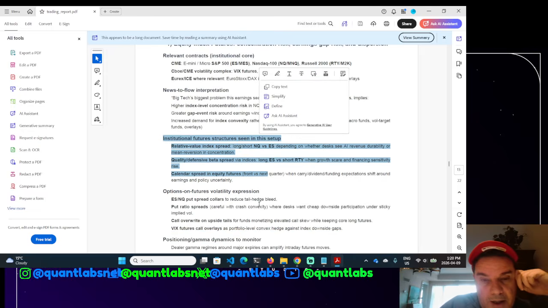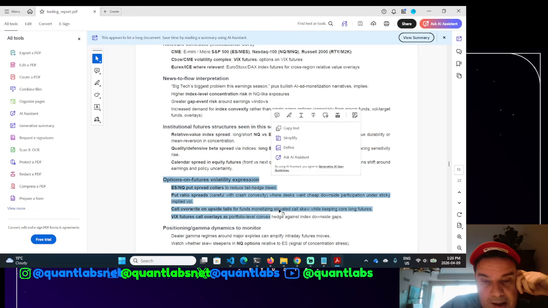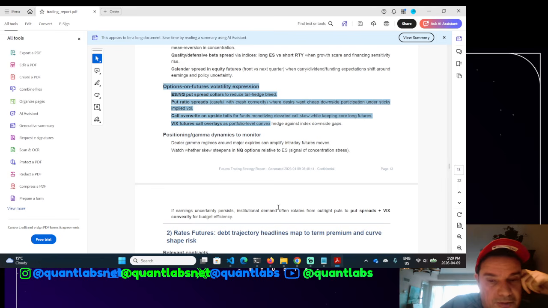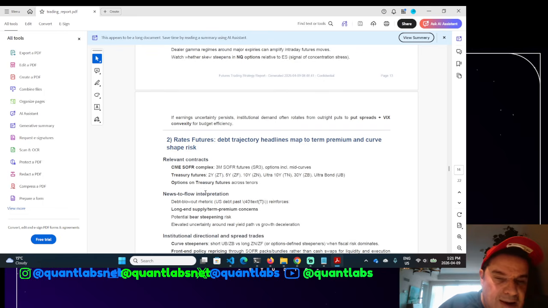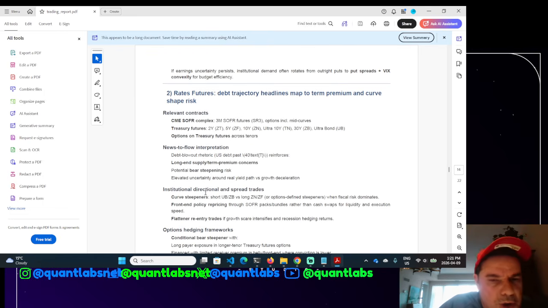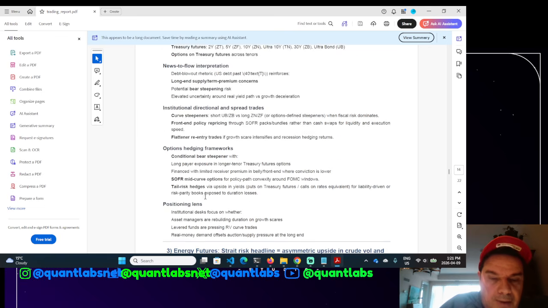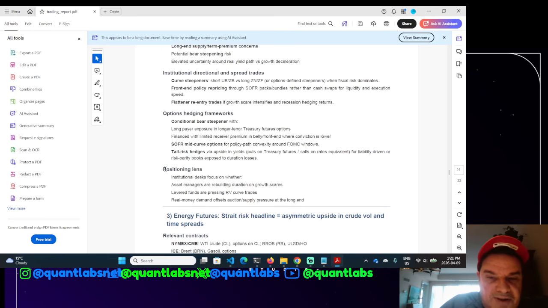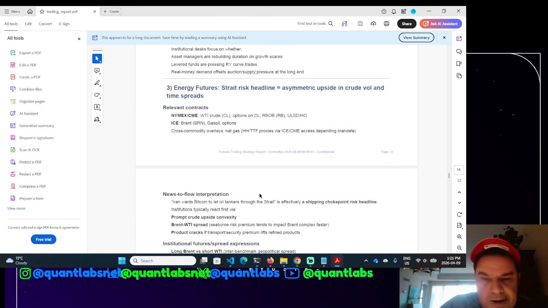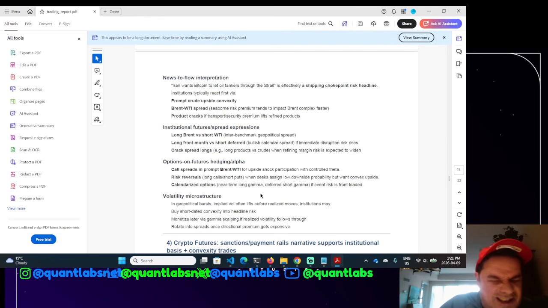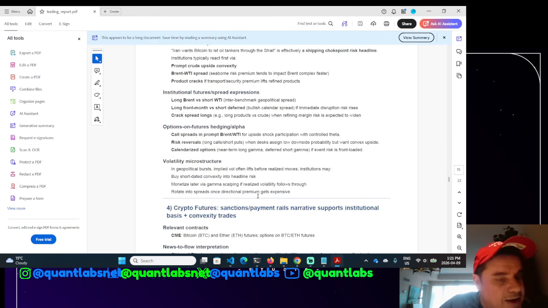I could go on and on about this. It's all option related with the gamma dynamic, blah blah blah. Everything's all interrelated between the treasury, the SOFR as well, and how to position everything, as you saw in the bots. I could spend hours on this, but this is the crux of it.